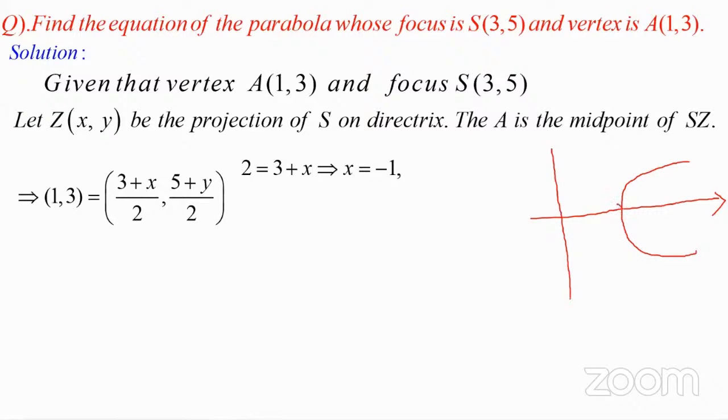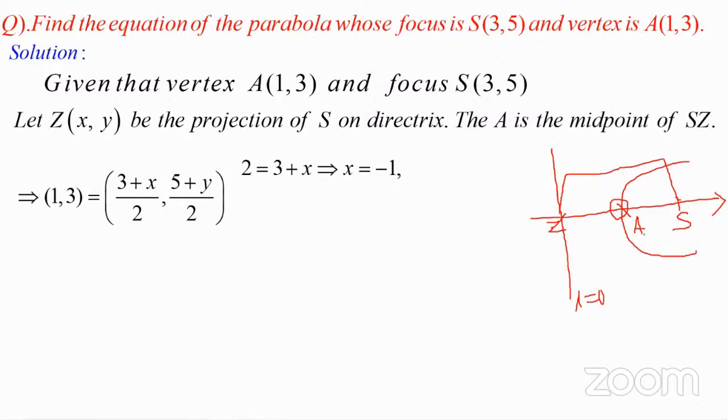This is the vertex A, the focus is S, and this is the projection on the directrix, that is Z. This is L equal to 0. Then A is the midpoint of S and Z.